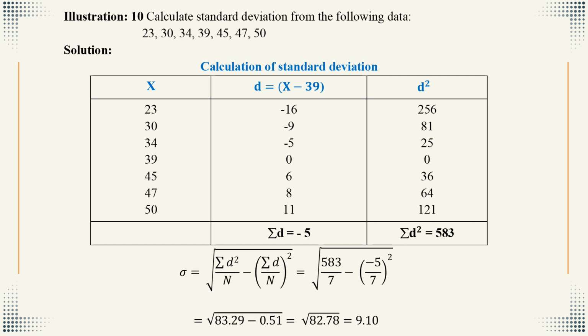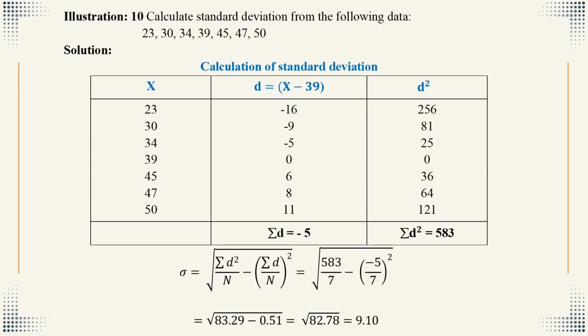Then the square of it should be calculated, that is d square: 16 into 16 256, 9 into 9 81, 5 into 5 25, then 0, then 6 into 6 36, 8 into 8 64, 11 into 11 121. Then in the third column that value should be added, that is sigma d square equal to 583.